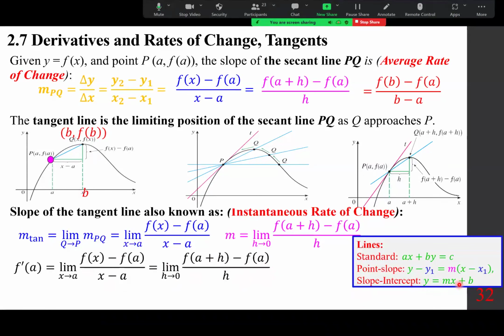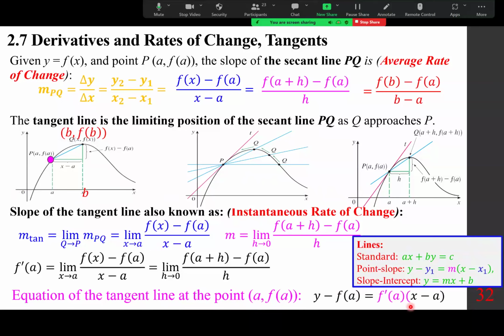So the equation of a tangent line at this point, we have a comma f of a, at this point, this line: y minus f of a equals f prime of a times x minus a. Just following this, where f of a is y sub 1 and f prime of a is m. There is nothing brand new you have to memorize.